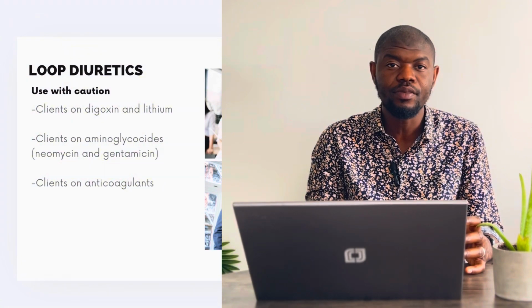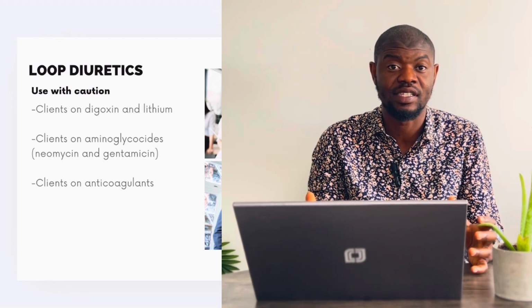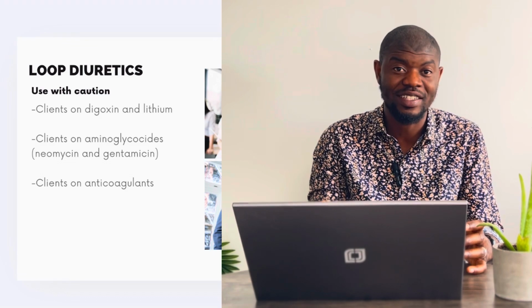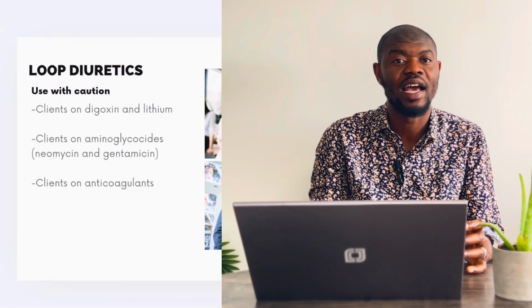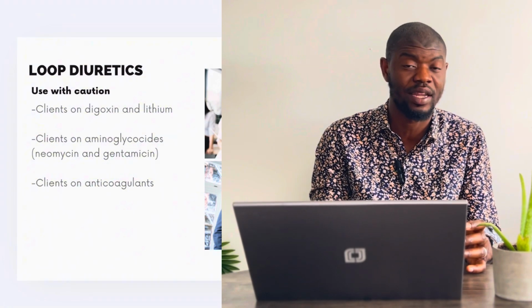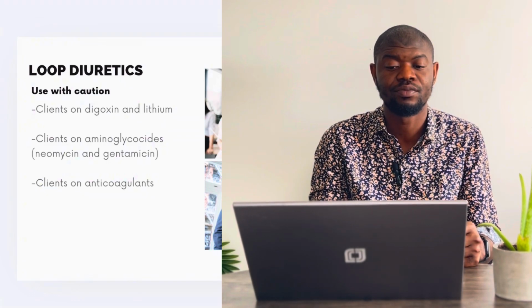Now, we know that hypocalcemia is one of the leading causes of digoxin and lithium toxicity. So if loop diuretics help you excrete calcium, it means that it gets you to be hypocalcemic quickly. And if you're on these medications, you are likely going to go into toxicity very quickly because they've got a narrow therapeutic range.